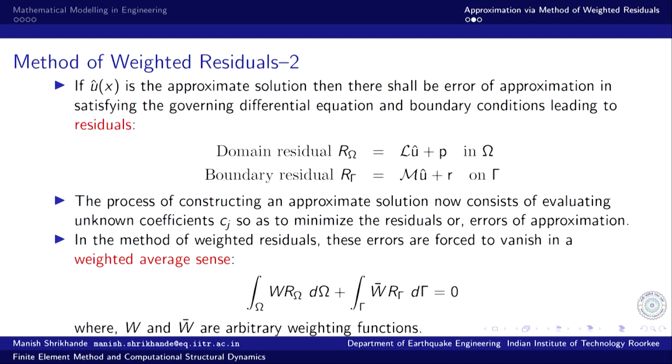So, for any arbitrary weighting function, whatever may be W and W bar, if I know the exact solution, then R omega is identically equal to 0 all over the domain, and R gamma is identically equal to 0 at all the boundary points, and this weighted sum of residuals would be 0.